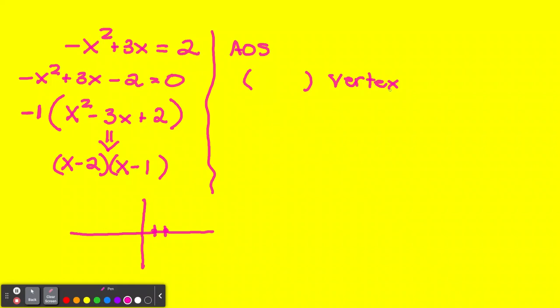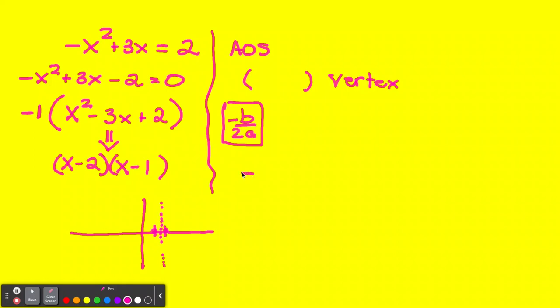What do we do? We can do the formula. Well, you can clearly see that the middle term will be 1.5. We can clearly see that, right? But if we didn't know, you should know the formula by now. -b over 2a, right?